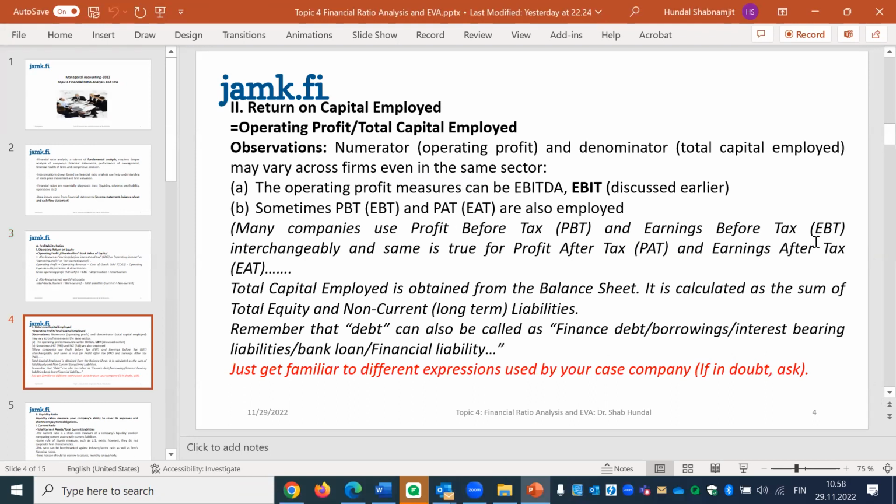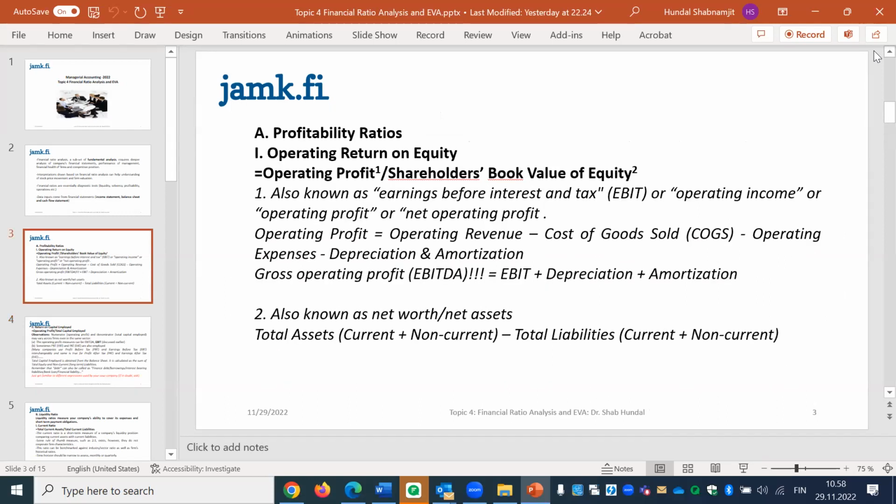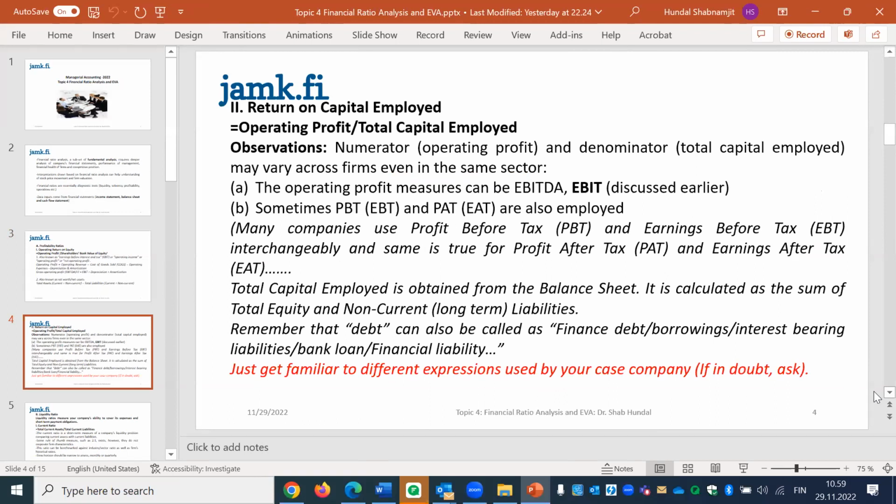And we know that capital is basically the company's financing, where the money comes from. And the money comes from debt and equity. In the first formula, you only had the denominator, the book value of equity. But equity is not the only form of financing. We know that debt is also an important form of financing.